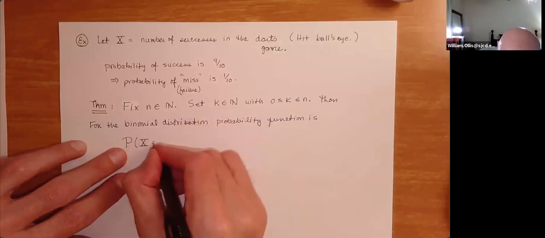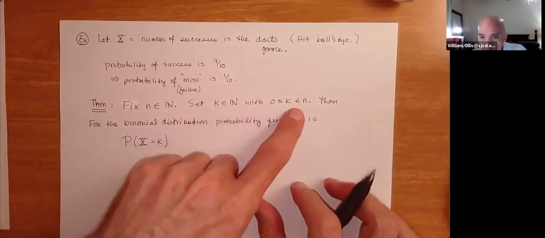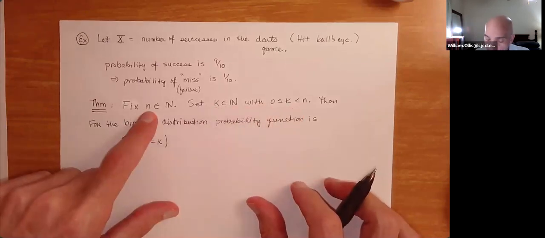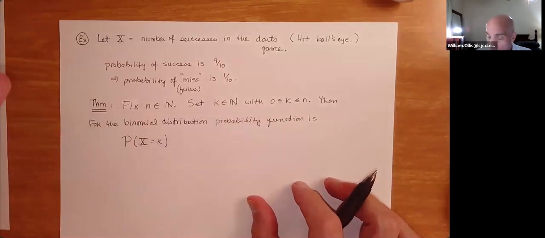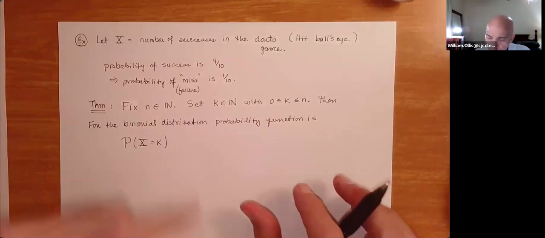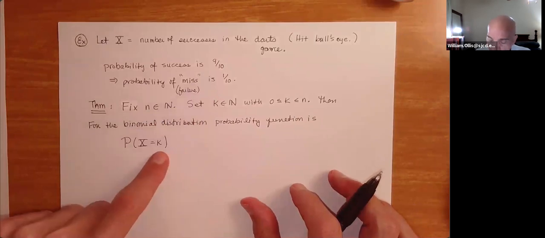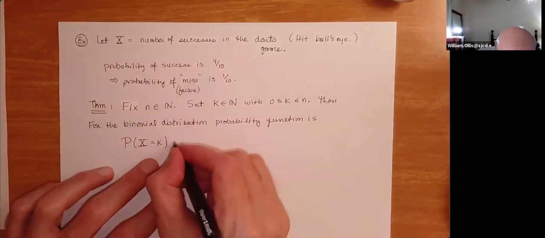k successes. So for instance, if k is going to run from 0 to n and you've got n trials, say maybe there were 10 trials, and we wanted to know the probability that there would be 3 successes. And for this particular p, that would be pretty good. We would say, okay, that's binomial, and it looks like this.